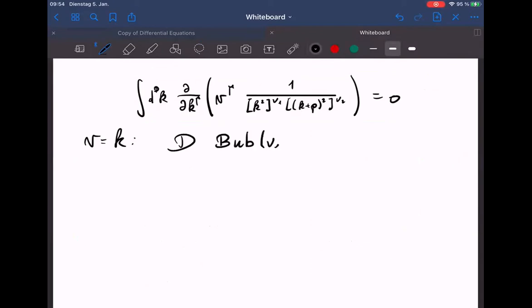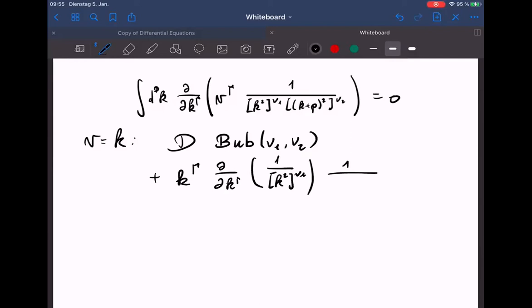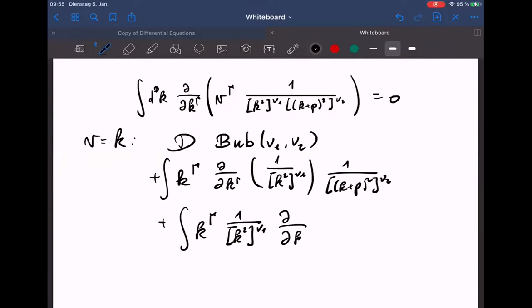So that gives me d times the integral with u1, u2. Then I get a contribution from k^mu where the derivative now acts on the first propagator, and the second one is outside. And I get a term where the derivative acts on the third term.